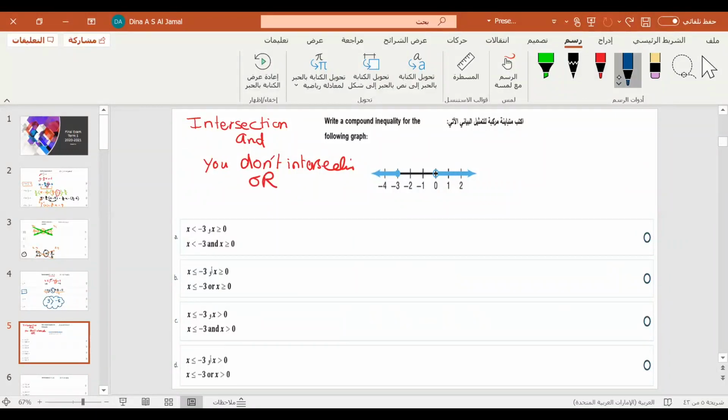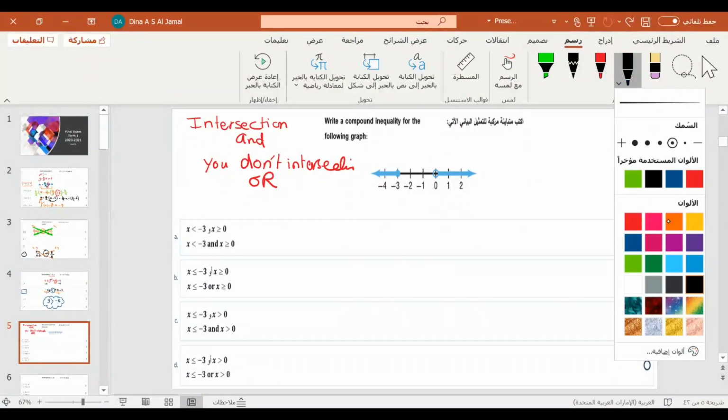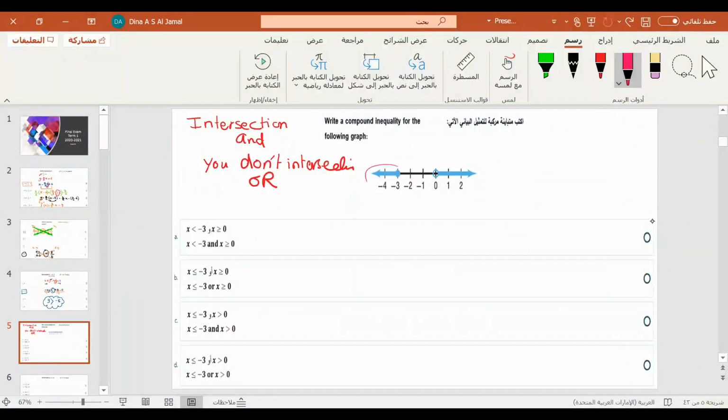So in this case, do I have an intersection between these two inequalities? No, that means I'm having or. So from the beginning, we will be cancelling some of the words. So here I'm having and, here I'm having and, so you will be cancelling this one and you will be cancelling this one.